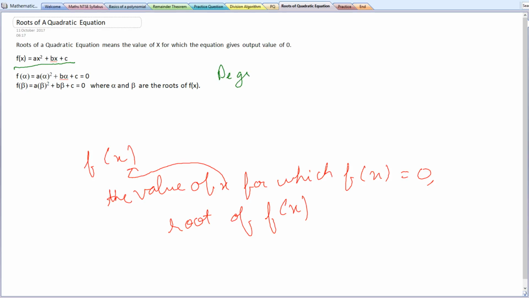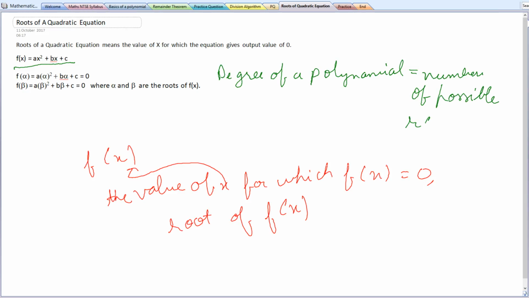The degree of a polynomial, let's say 3 or 4 or anything, is equal to the number of possible real roots of that polynomial.